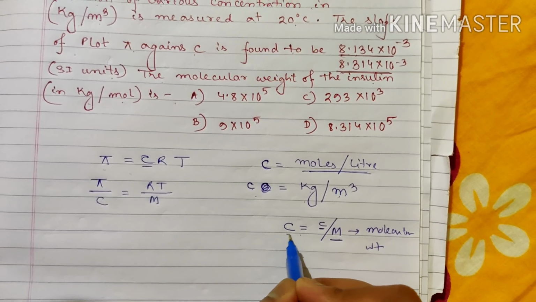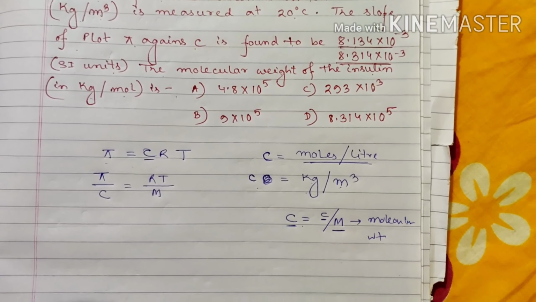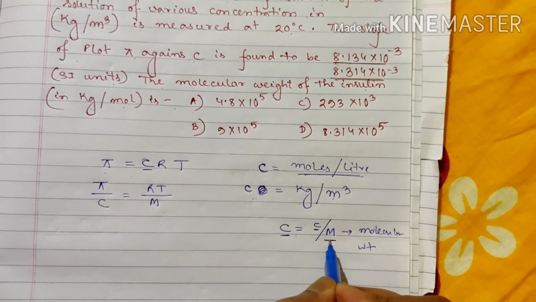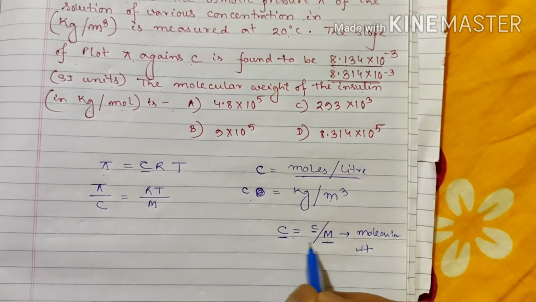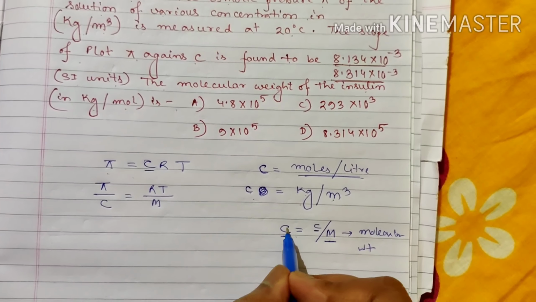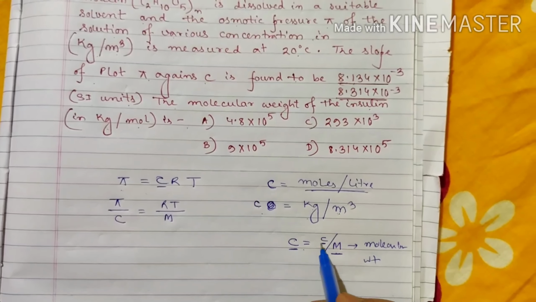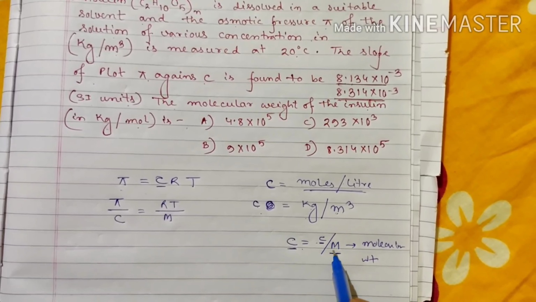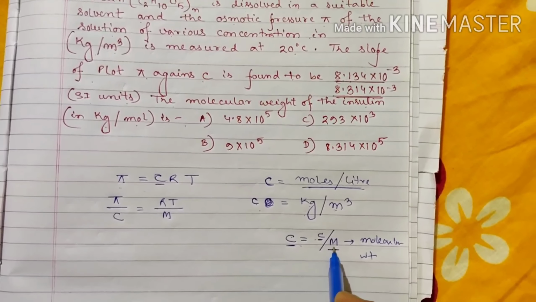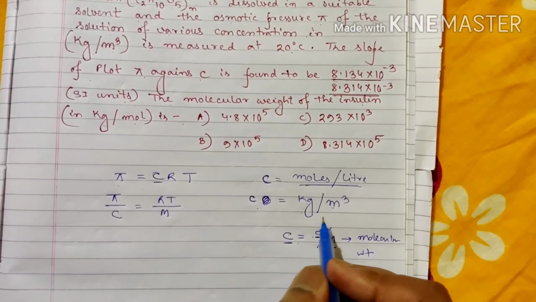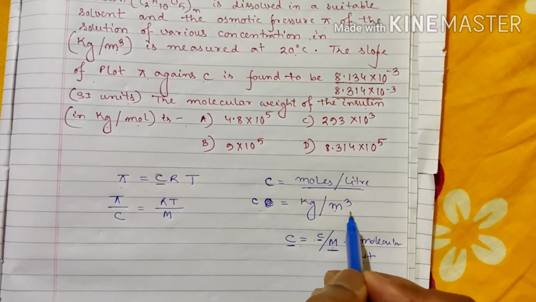That means the concentration in moles per liter can be written as the concentration divided by molecular weight. This concentration is measured in kg per meter cube.